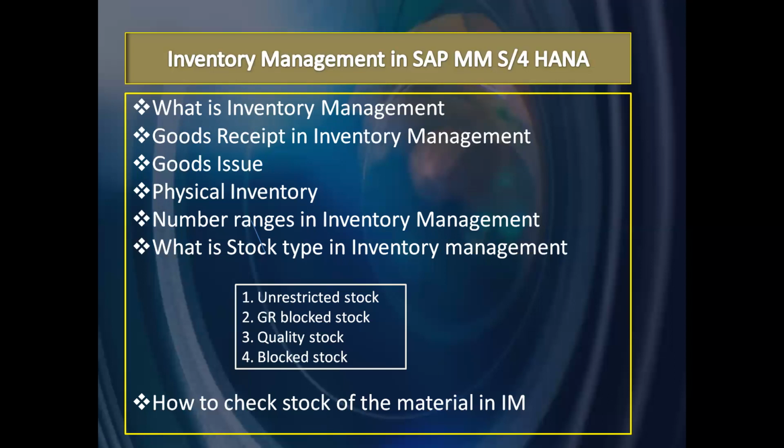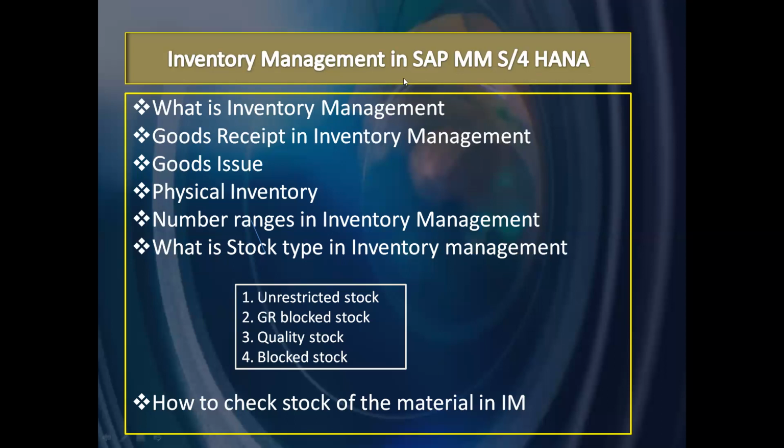But how to check the stock of the material? That is the stock overview we have in inventory management. For any material, if you want to check its stock, the transaction code is MMBE. There we can go and check the stock of the material. So that is what I wanted to discuss, the theory part of inventory management.